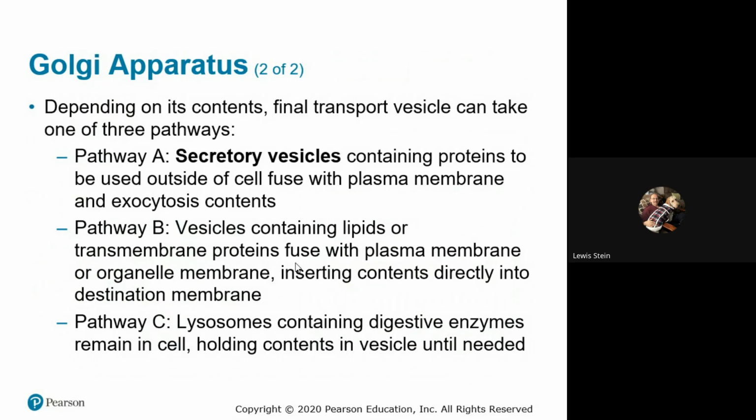All those transmembrane integral proteins, peripheral proteins, and so on. They insert contents directly into that destination membrane, which could be in one of the vesicles, or a membrane somewhere else. And lastly, these are very specific lysosomes, and so too peroxisomes, that they don't mention here.